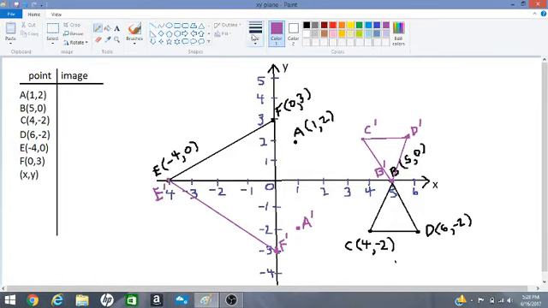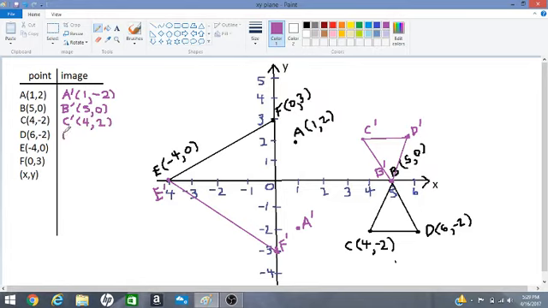Now let's write down the coordinates of our images. So A prime was found to be located at 1, -2. B prime is found to be located at 5, 0. C prime is found to be at 4, +2.